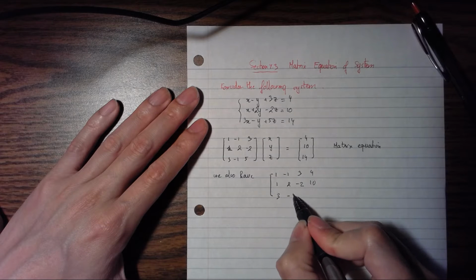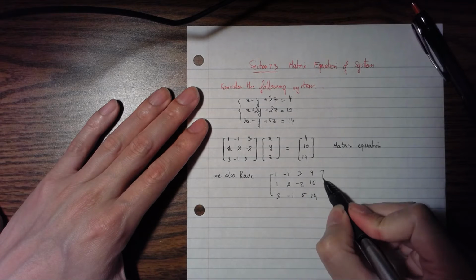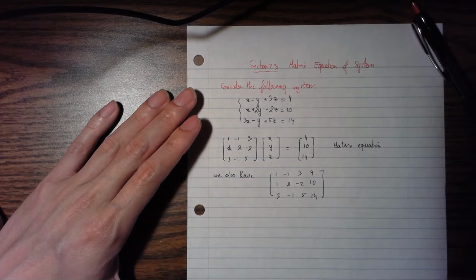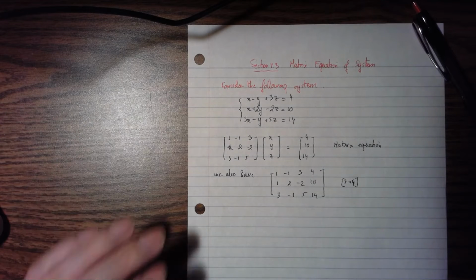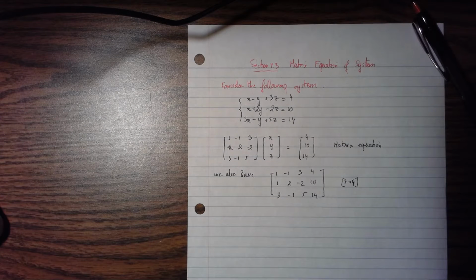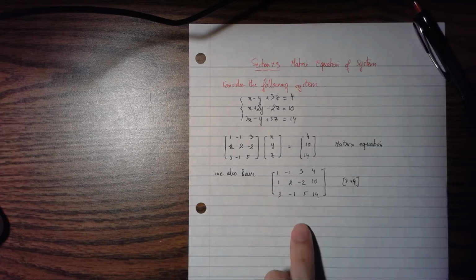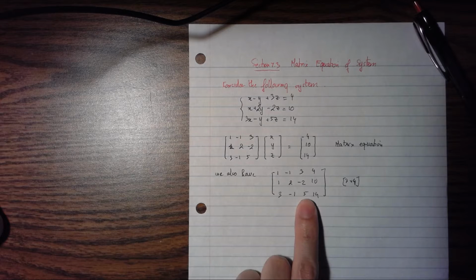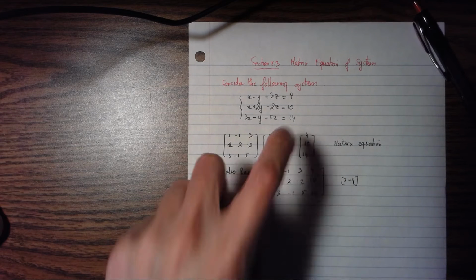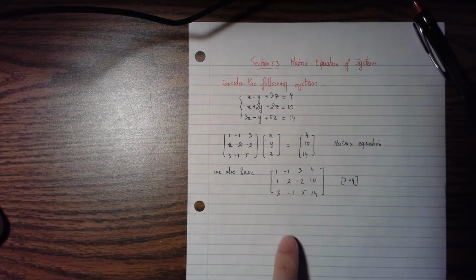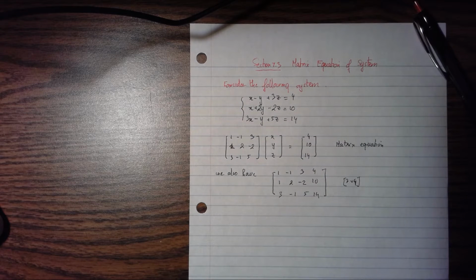It's not 3 by 3 anymore, but it's 3 by 4. This is a 3 by 4 matrix, 3 rows and 4 columns, and we're going to use it to solve the system. So how are we going to solve this system?